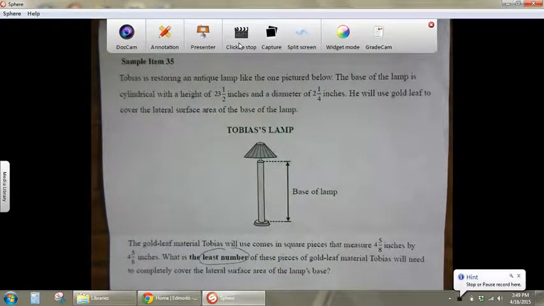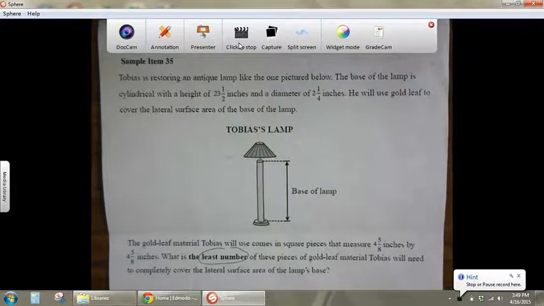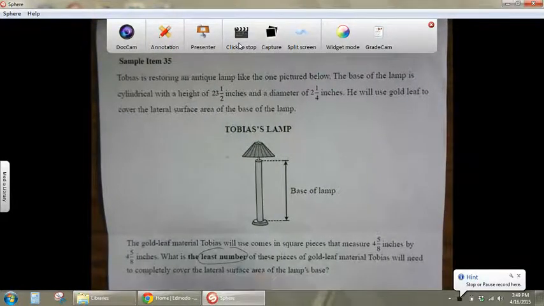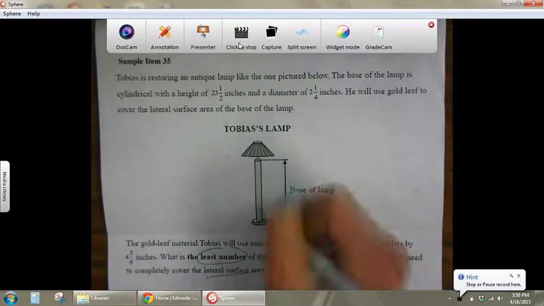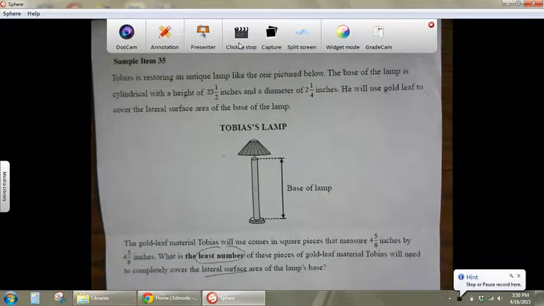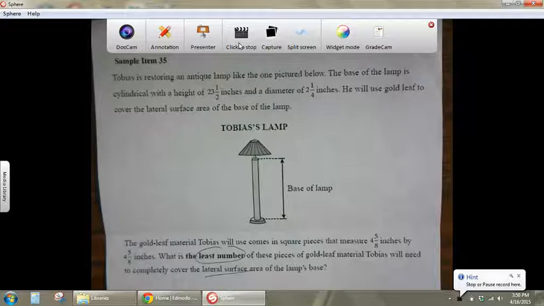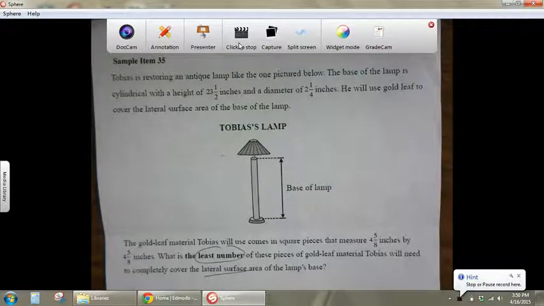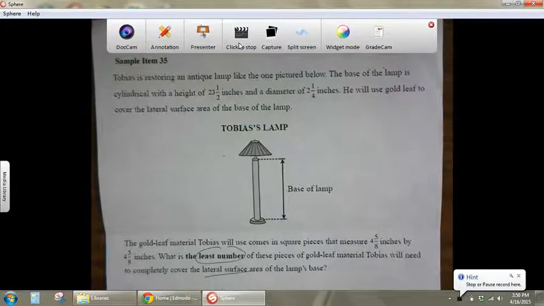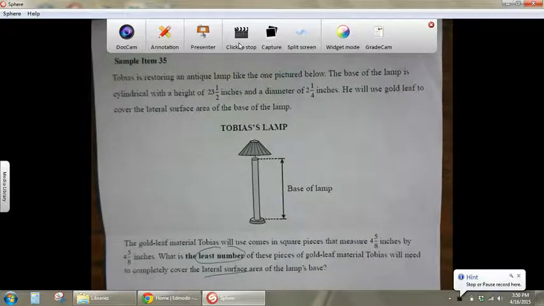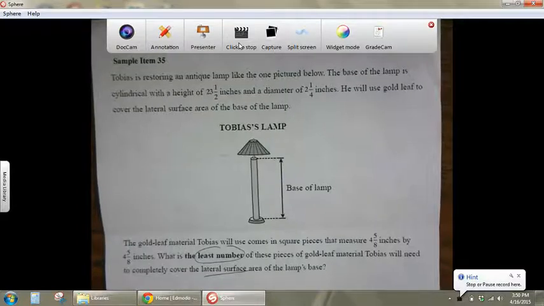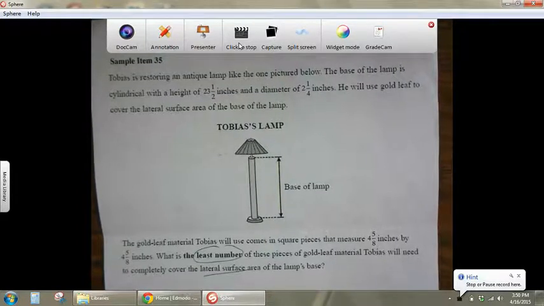Honestly, the only reason they say that is because they want you to find the exact lateral surface area of this lamp. Since this is a word problem, you could argue that they would be able to cover the base of the lamp if they went out and bought 300 square pieces of gold leaf. Well, yeah, because 300 would cover it a whole bunch of times.